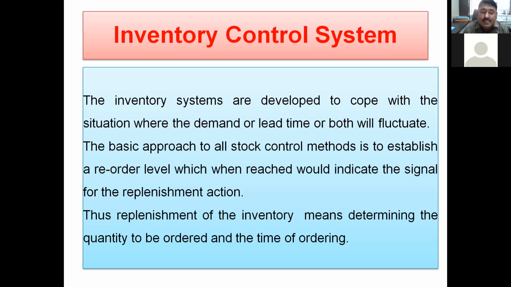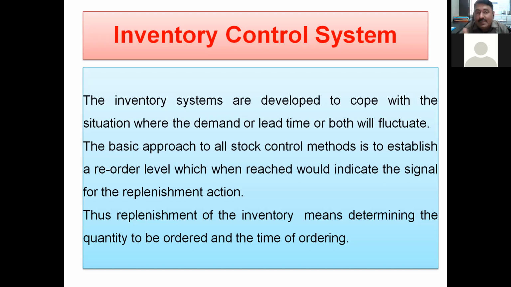At that point we discussed that the demand is not constant, it fluctuates plus minus, and the lead time also fluctuates. Demand may be constant, but lead time is the time between placing an order and receiving all the required items in your hand, from order placing to receipt of items. This is the lead time.